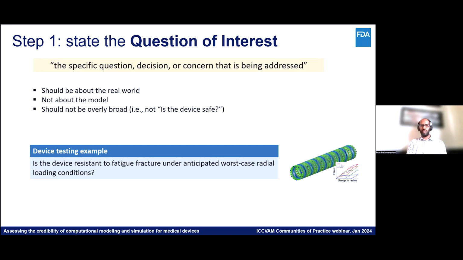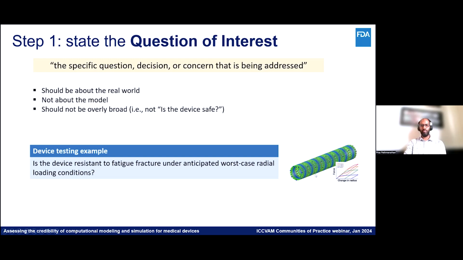The first step is to define what that is exactly. The question of interest is the specific question, decision, or concern that's being addressed. And it should be about the real world. It shouldn't be about the model, and it shouldn't be overly broad, such as, is the device safe? So an example related to fatigue fracture, I mentioned that in an earlier slide, that was for a hip implant.